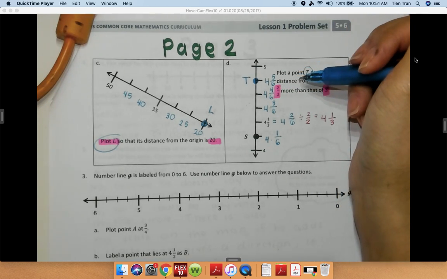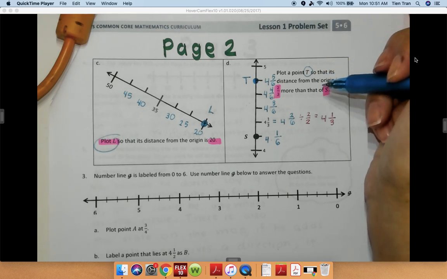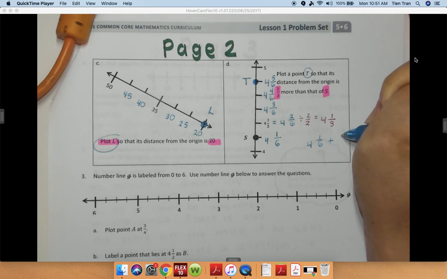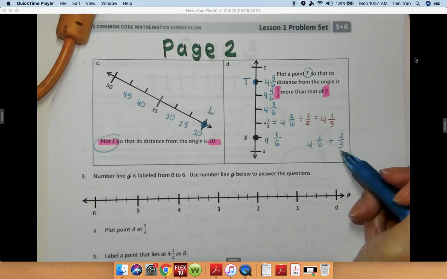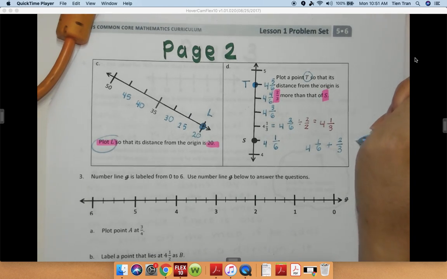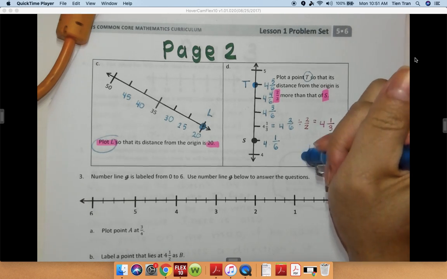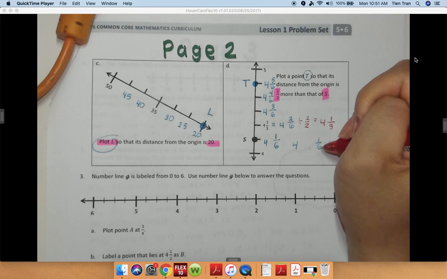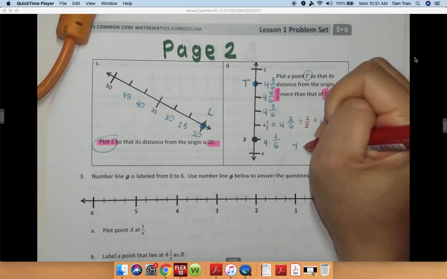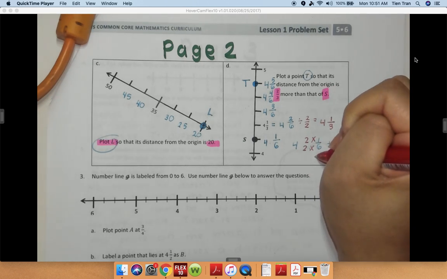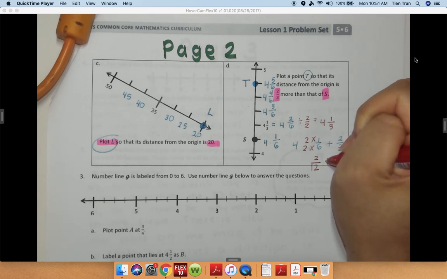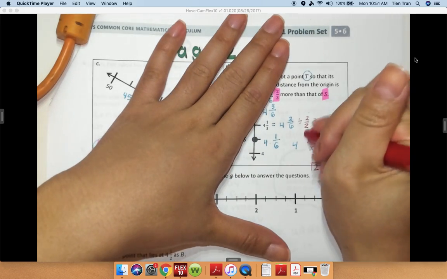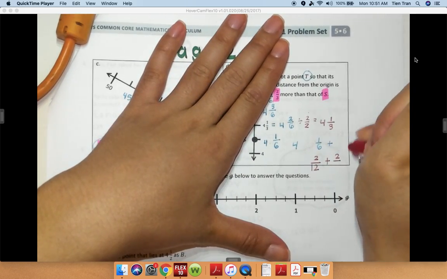So if I were to add 2/3 to letter S, so 4 and 1/6 plus 2/3. Okay, you make a common denominator. I know that I can change the 3 by multiplying it times 2 on top and bottom.